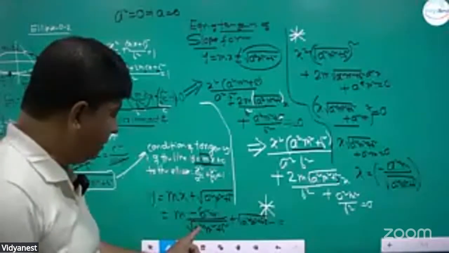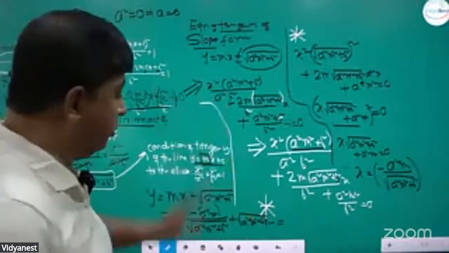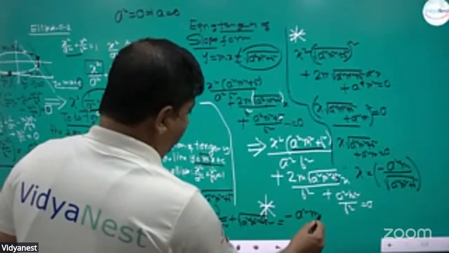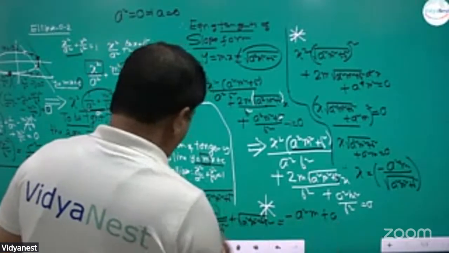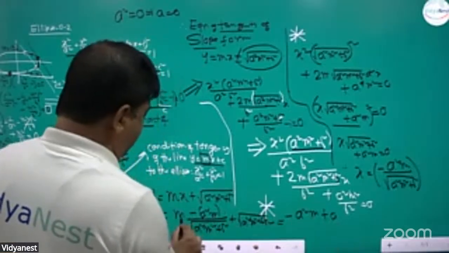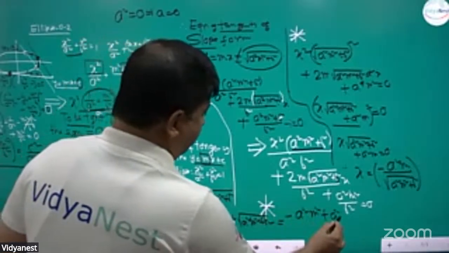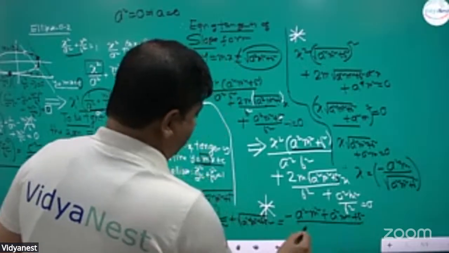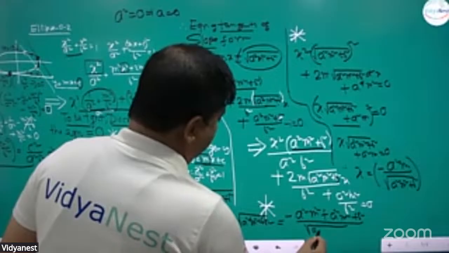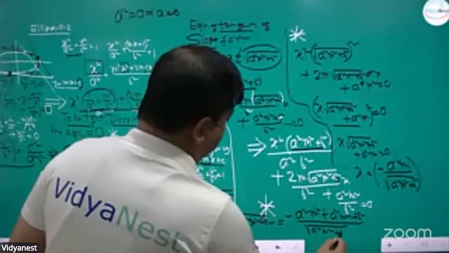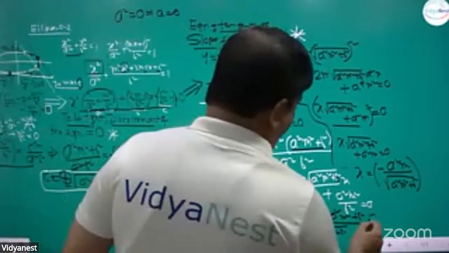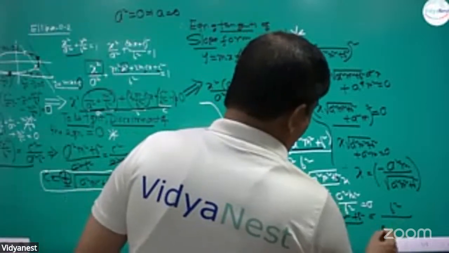See, this into this, there will be no root. A square m plus a square m square, m into m square plus a square m square plus b square by root. So that is the y component.